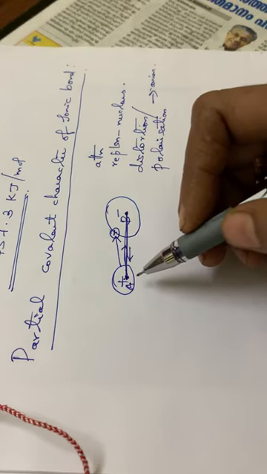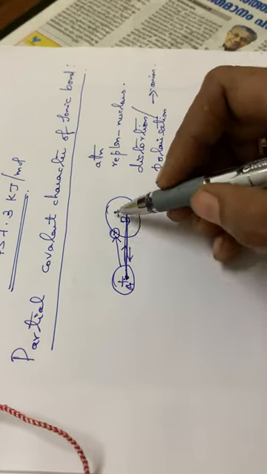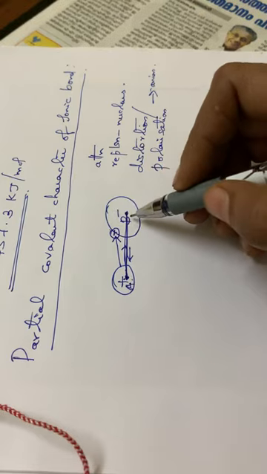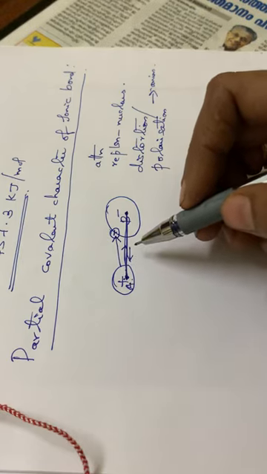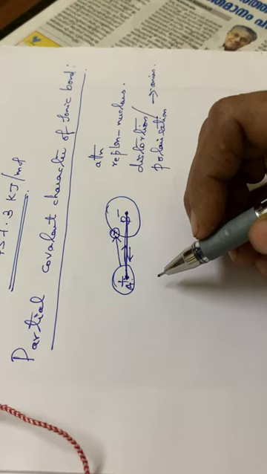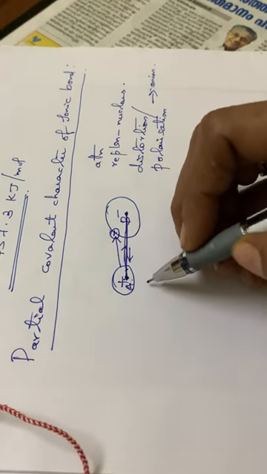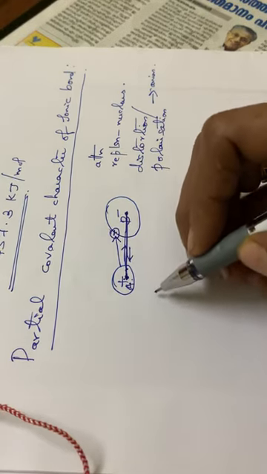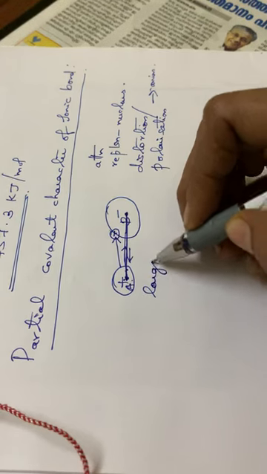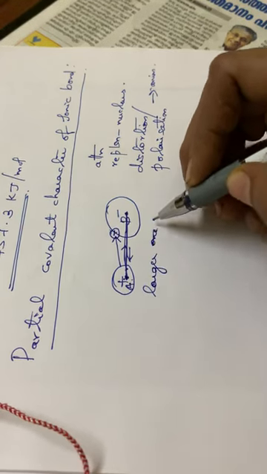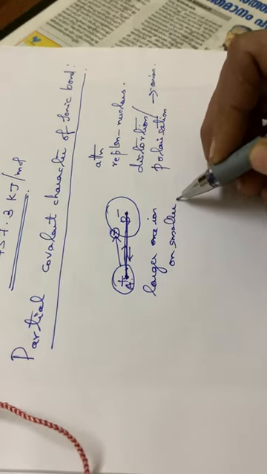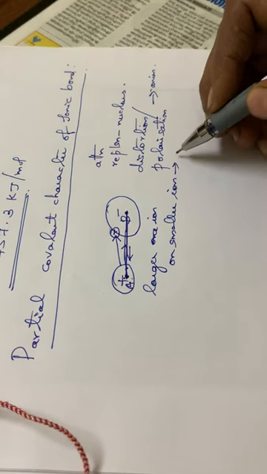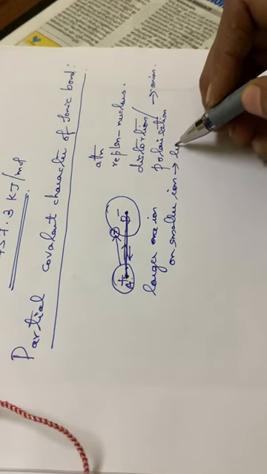And also, usually when comparing the size of the anions and cations, anions are somewhat bigger than the cations, isn't it? So the effect of a larger ion on a smaller ion will not be very high. The effect of a larger ion on a smaller ion will be very less.